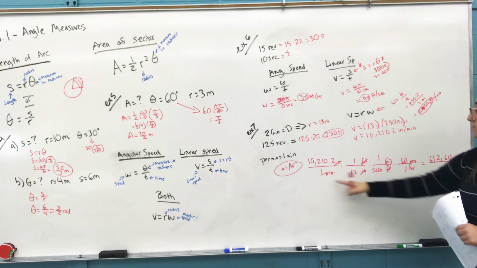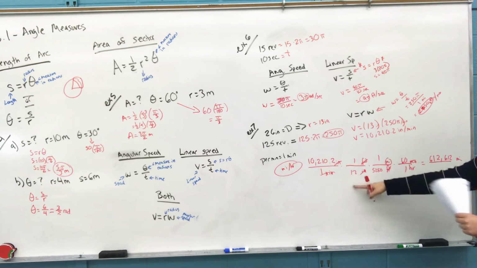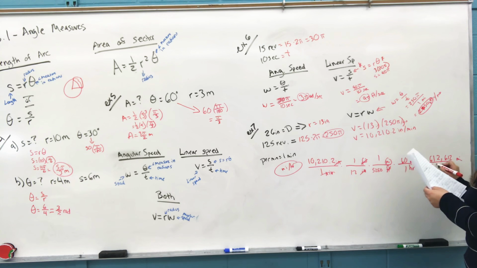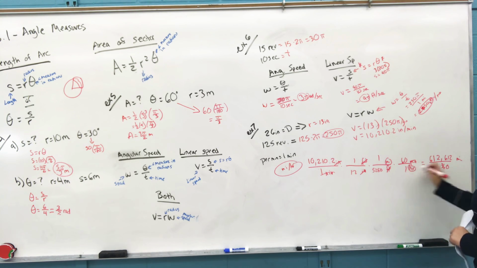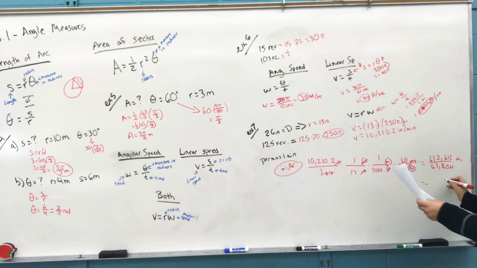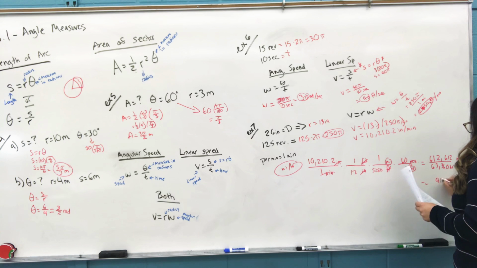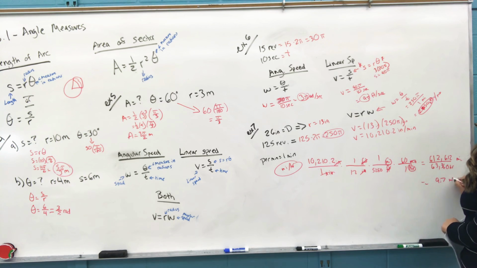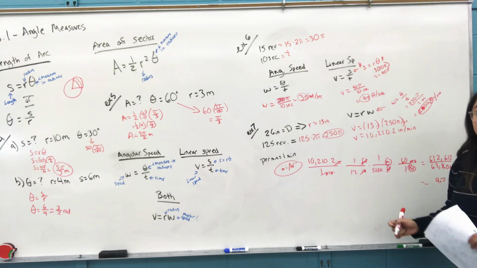And then the denominator, multiply this by 12, and you get 63,360. And this is in terms of hour. You have that, simplify even more, and you end up with 9.6 miles per hour.